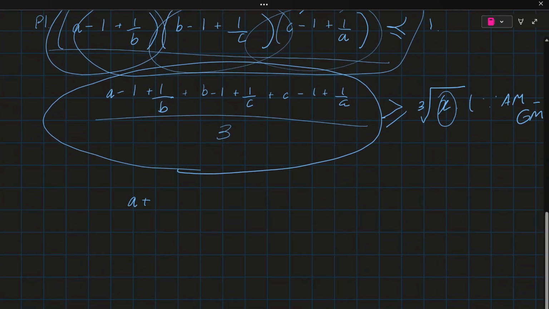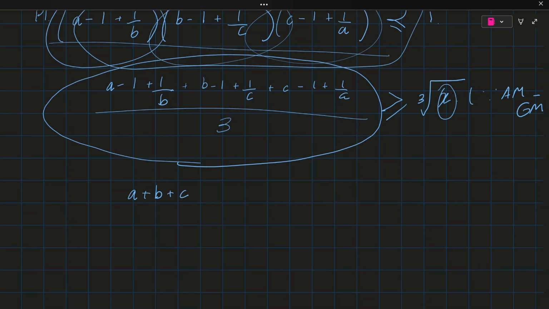So on the left-hand side, a plus b plus c minus 3 times 1 over a plus 1 over b plus 1 over c.